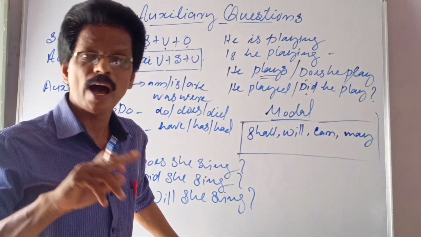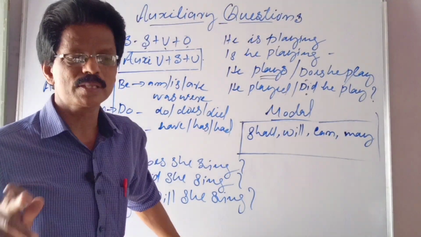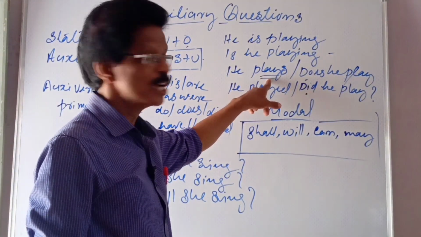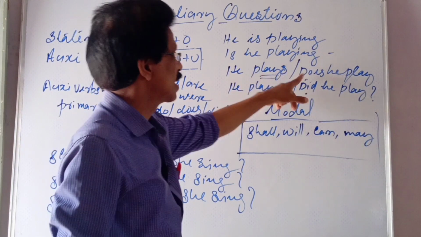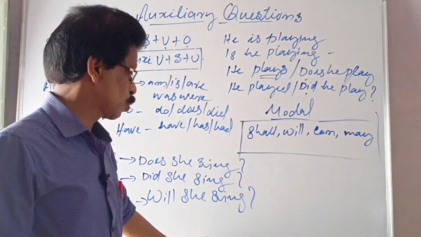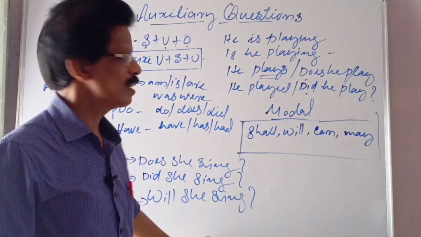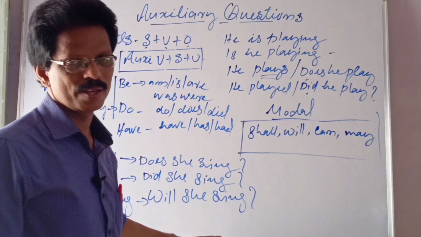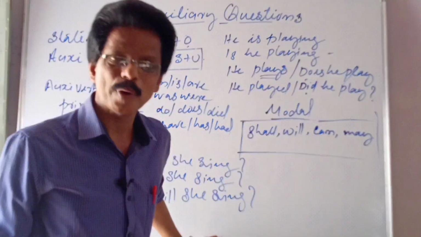Those verbs having V1, V2, V3 are called finite verbs, or regular verbs. So, he plays. Does he play? When you study question tags, you study that the verb is a finite one in simple tense form, which means present simple or past simple.